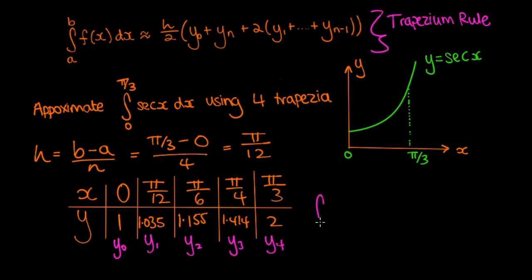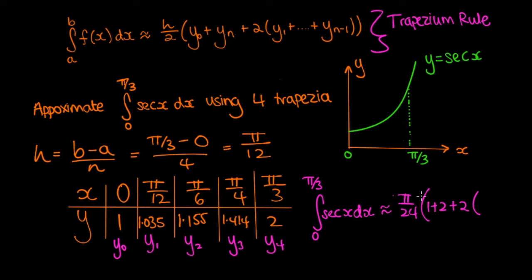And so the definite integral from 0 to pi by 3 of sec x dx is approximately equal to h over 2, so pi by 12 divided by 2 is pi by 24, multiplied by y0 plus yn, and remember n is 4, so y0 plus y4 is 1 plus 2, plus 2 lots of everything in between.